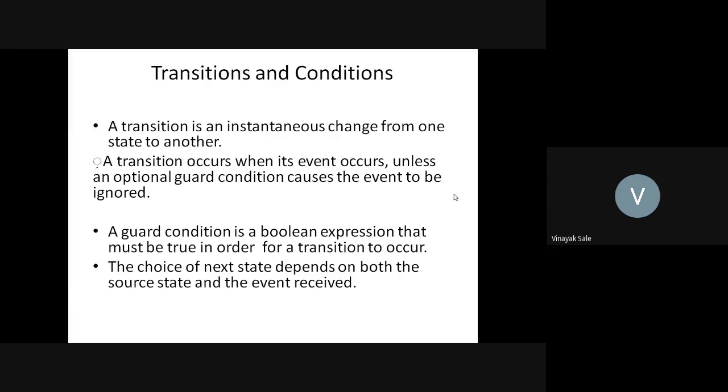A guard condition is a Boolean expression that must be true in order for the transition to occur. The choice of next state depends on both the source state as well as the event received.